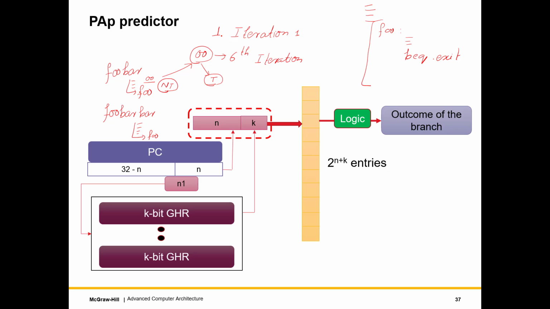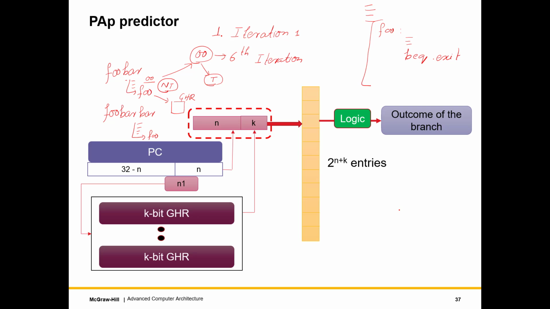So in this case, if foo bar is calling foo, we would use one GHR for all the branches that are within the foo bar function. But once it enters the foo function, we would enter a different region, and this region would have a separate GHR of its own. This separate GHR would capture the context of all the branches that are only within the foo function and adjoining addresses, right?